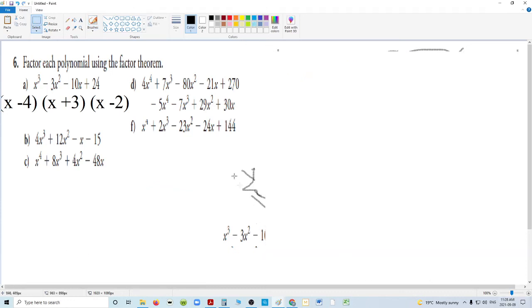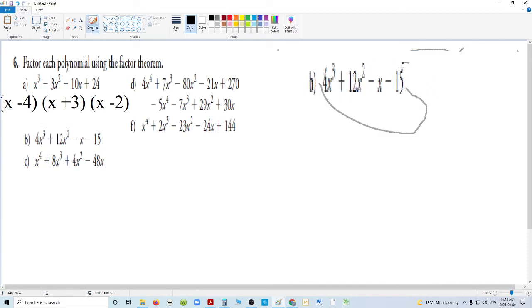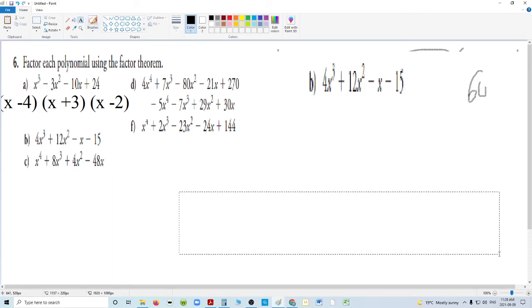Okay, on to the next one. So the factor theorem will say we have to look at the 4 times the 15, which is 60. So there's a whole bunch of possible factors for this. We always hope that 1 or 2 is one of them.